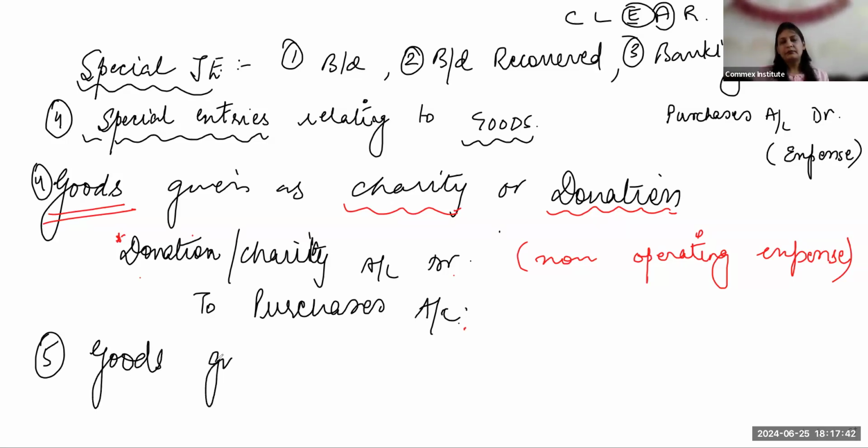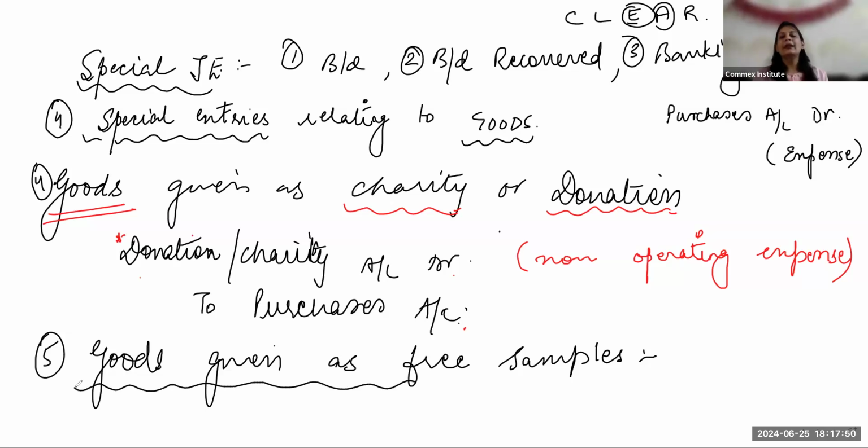Goods given as free samples. Now, many a time with the newspaper, we get a shampoo pouch. Or maybe we get some medicines or some new cream which is launched in the market as a free gift.